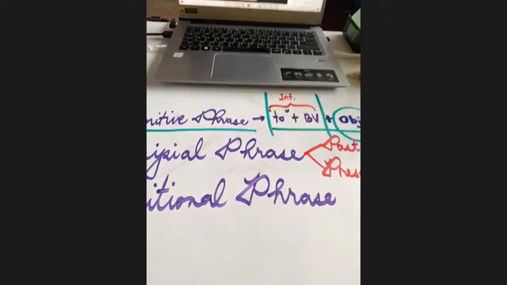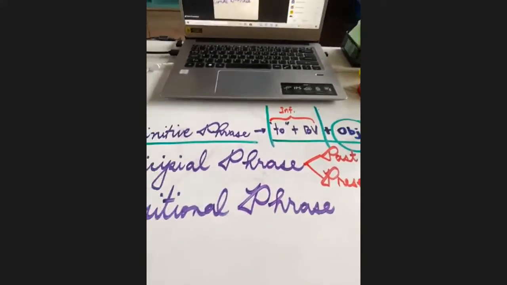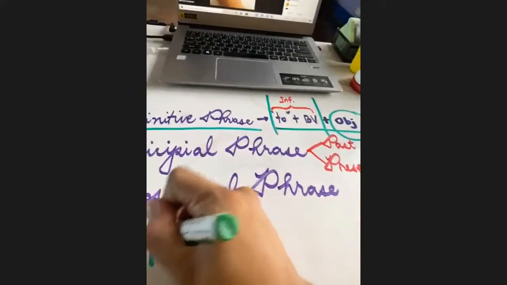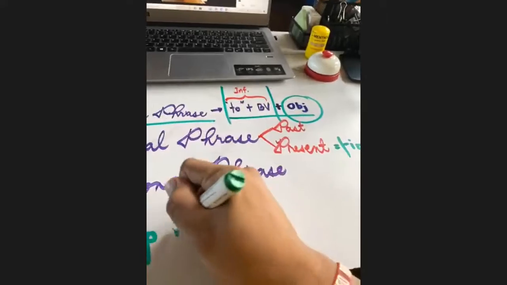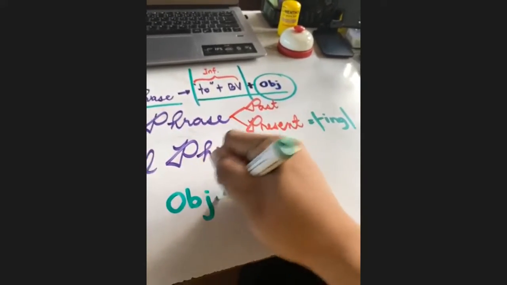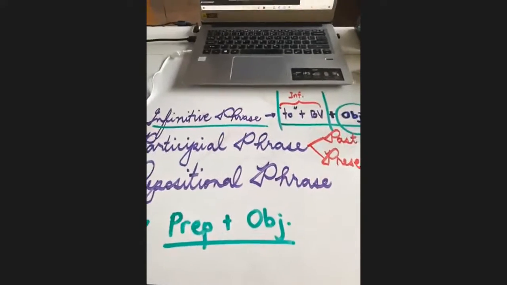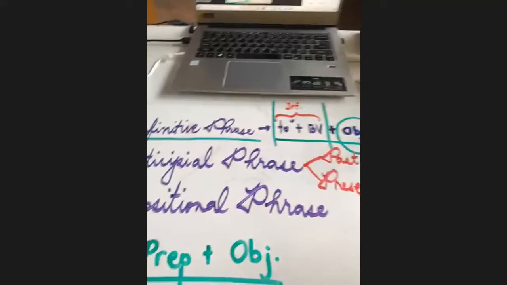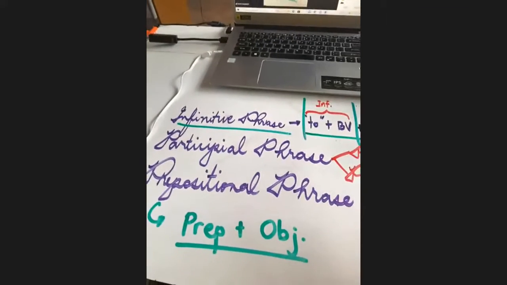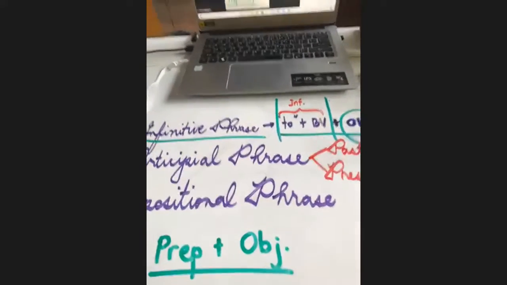Prepositional phrases. Let's go to this structure. A prepositional phrase is created by having a preposition plus its object. Thus, a group of words referred to as a prepositional phrase. Let's just be careful with prepositional phrases. Prepositional phrases are generally modifiers. Again, let me repeat that. Prepositional phrases are generally modifiers.